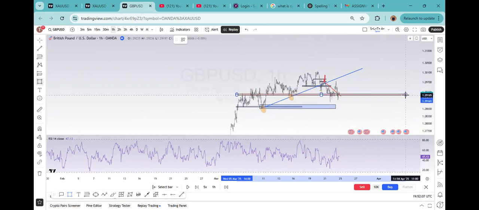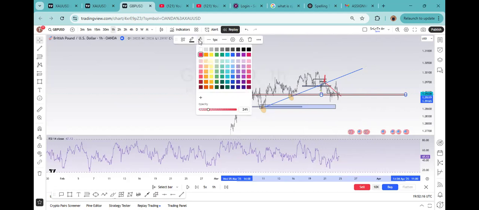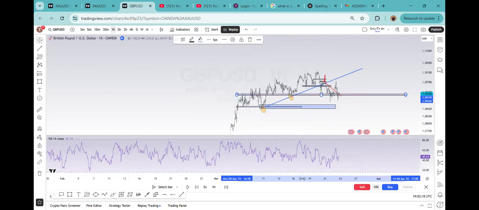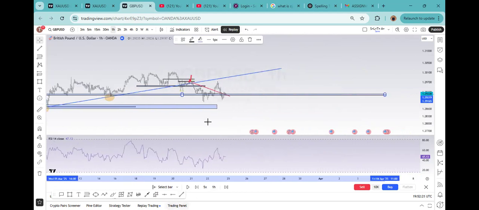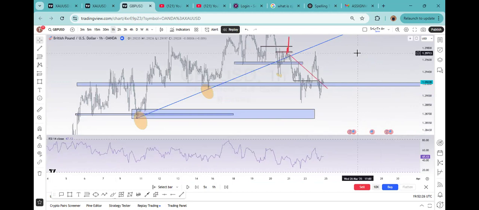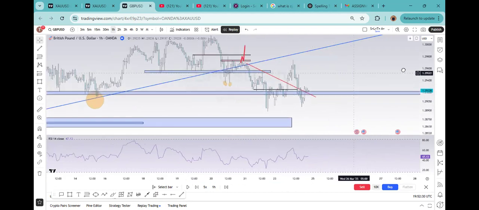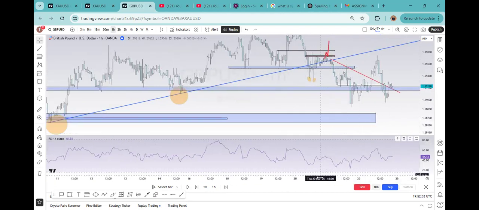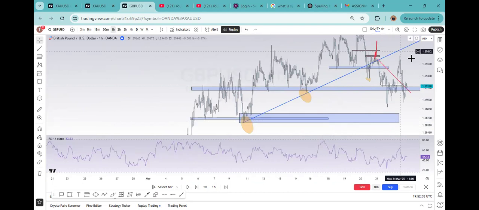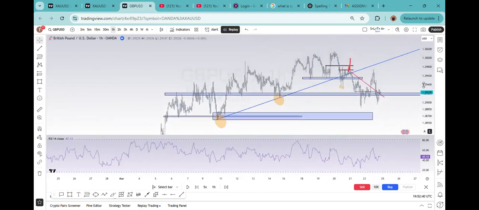In my last video, I talked about price being a fractal and how we need to do a study on fractals. What does it mean to be a fractal? It's very important because it's the same thing happening over and over again inside of each other. That's actually the beauty of trading, really. It is the beauty of trading to be able to make money off of the same kind of move.